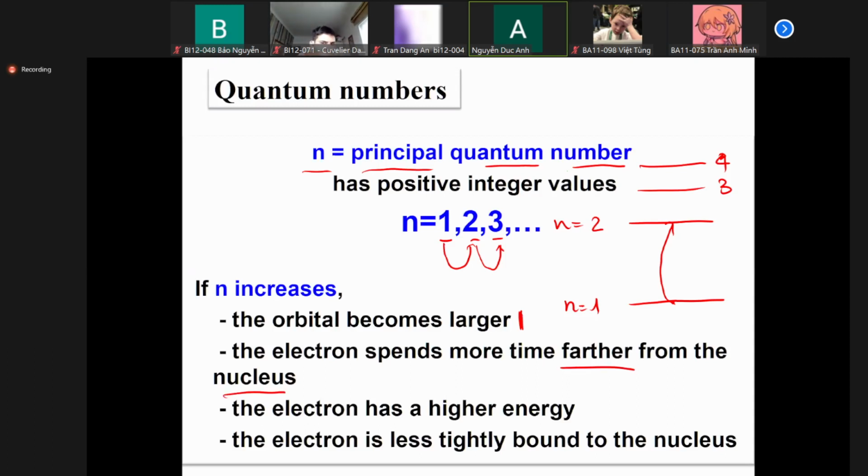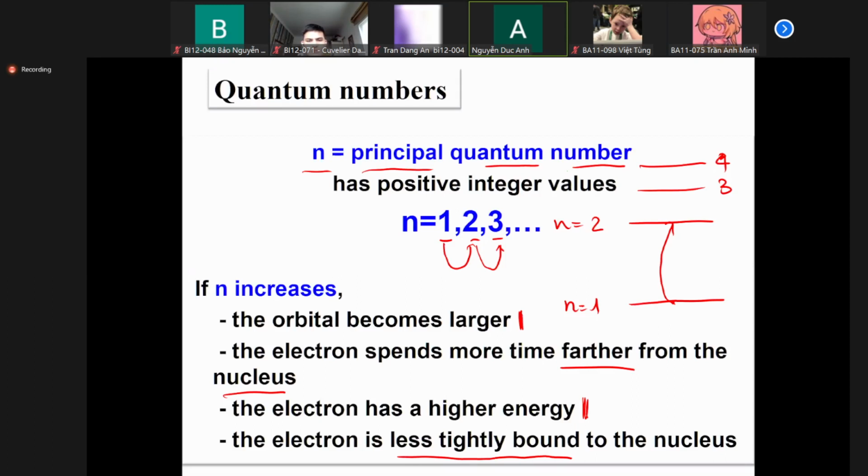Of course, from the lower state to the higher state, they will contain higher energy. But because they stay farther from the nucleus, even though they have higher energy, the electron is less tightly bound to the nucleus.